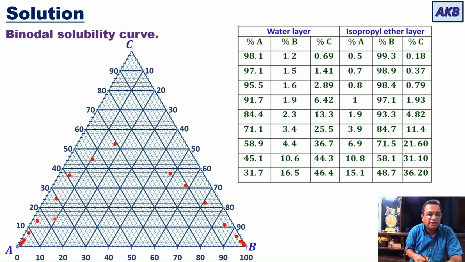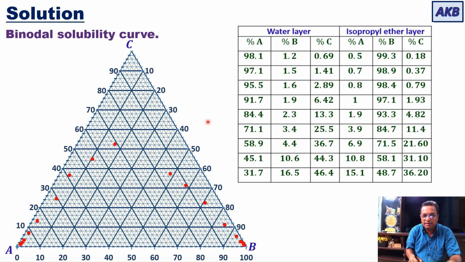The fourth point is 91.7, represented over here. And likewise, you have 84.4, this point is represented over here. 71.1, this point is represented over here. And then you have 58.9, it is represented over here. Then 45.1, represented over here. And then 31.7, represented over here.